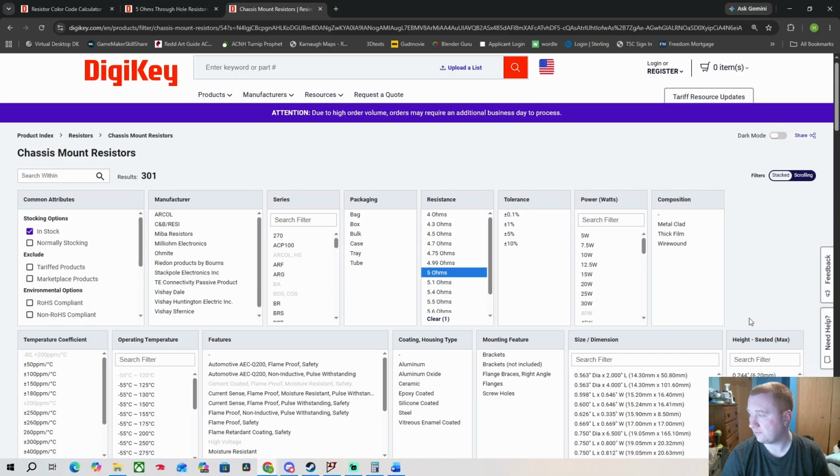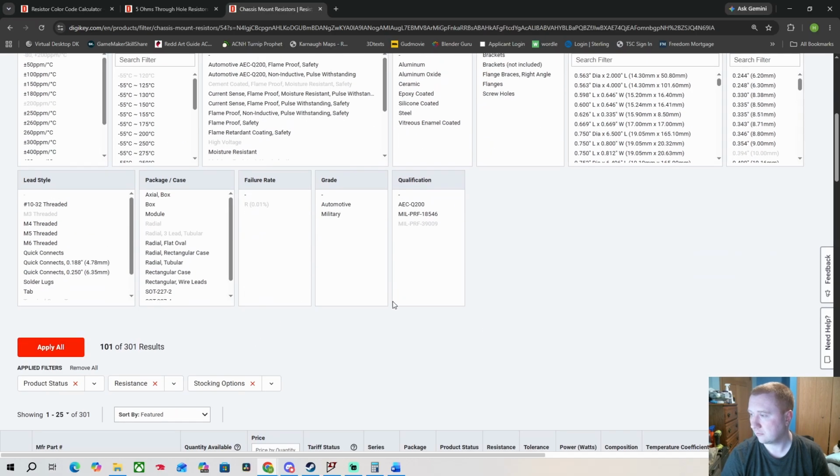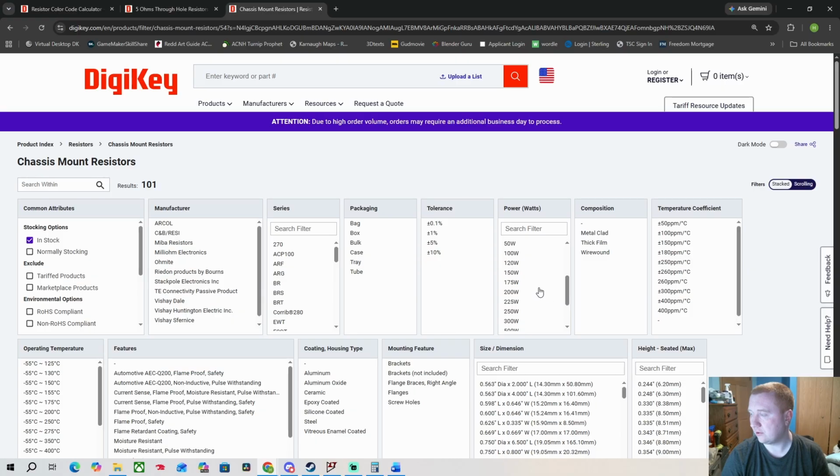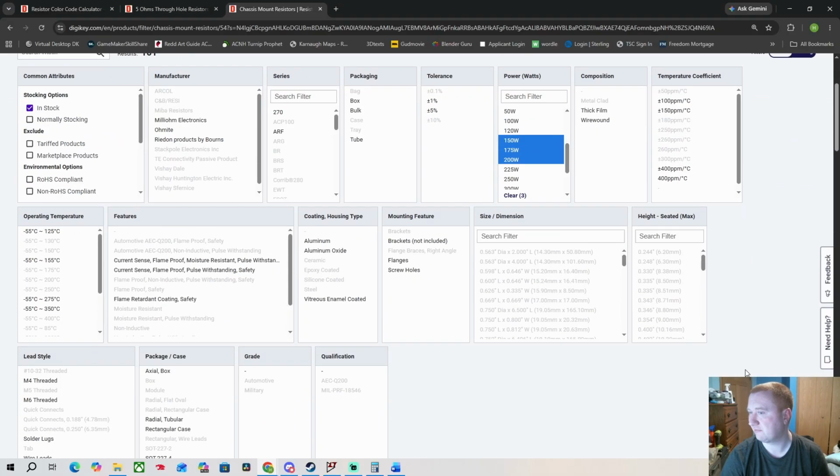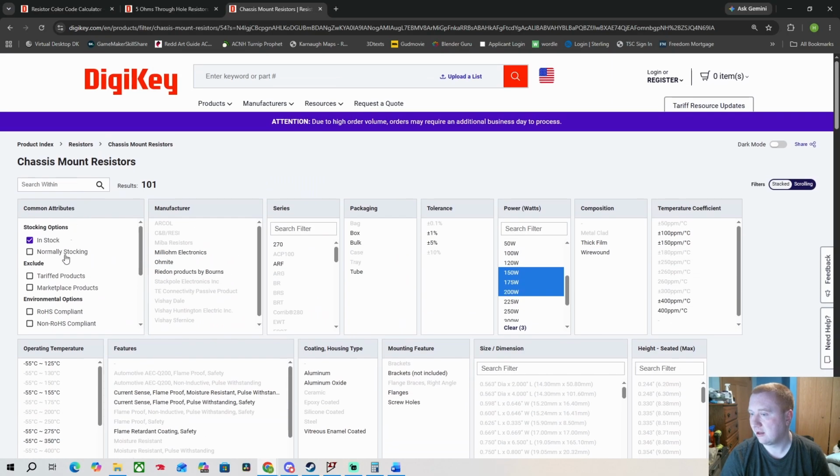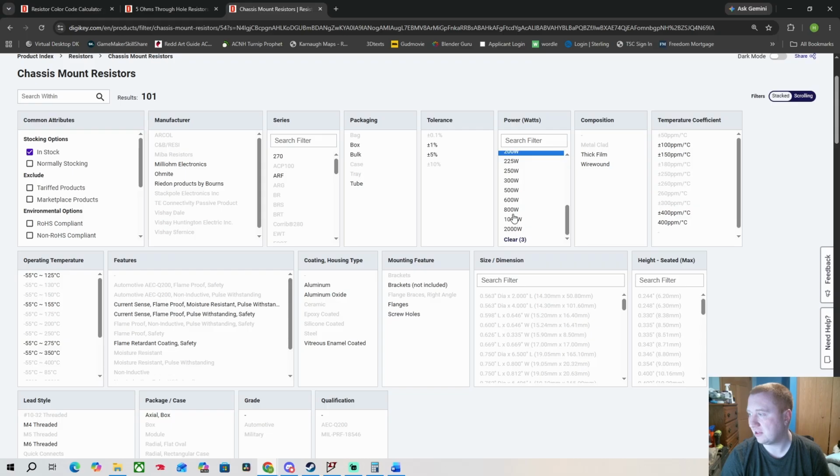We're looking at 5 ohms, and it needs to meet or exceed, that's important, 125 watts, because that's what we calculated, right? Yes, 5 squared times 5 is 125 watts. So 120 watts won't cut it. We can do 150 to maybe 200. You could go all the way up, but these get really big, so let's just do up to 200.